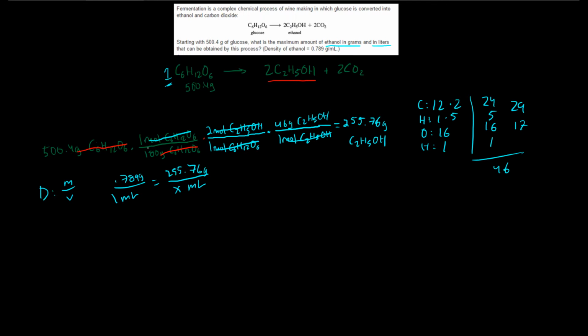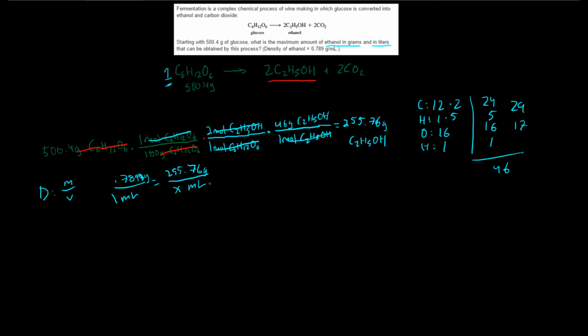And so basically what we're saying here is that for every milliliter, we have 0.789 grams. And so if we have 255.76, which is more, how many milliliters do we end up with?